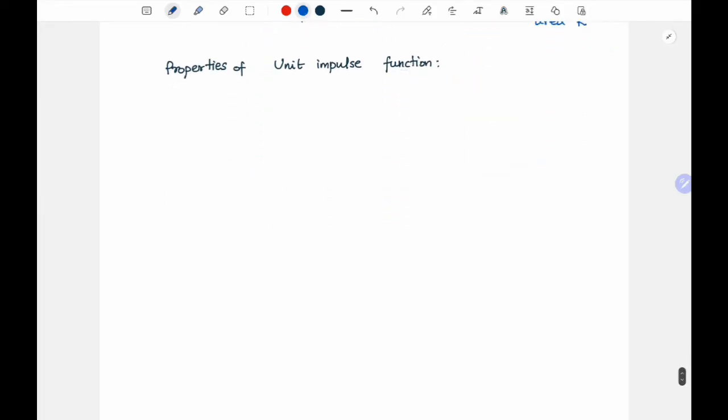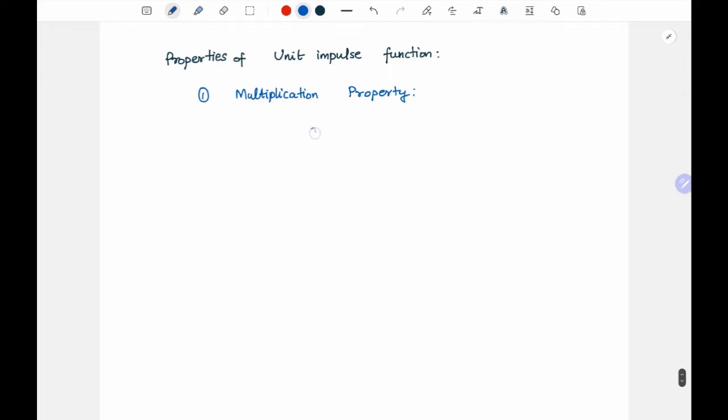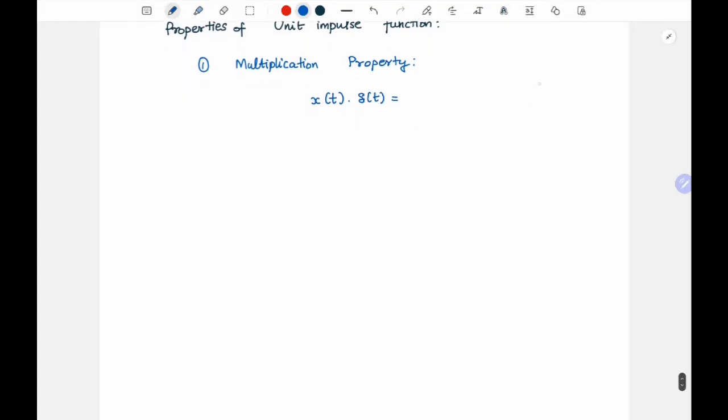So the first thing is the multiplication property. If you take any other signal x of t and multiply it with delta of t, what do you think we will get?